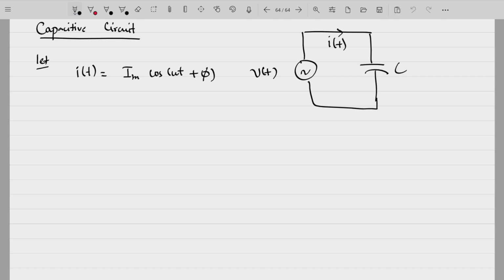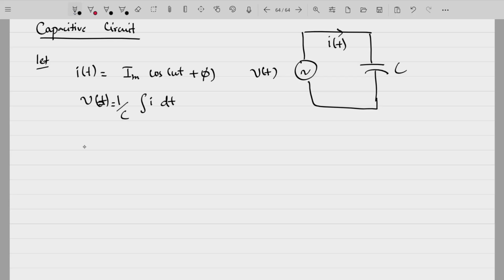Coming back to the capacitive circuit, we have assumed that It is equal to Im cos of omega t plus phi. Now for a capacitive circuit, we know that the voltage across the capacitor is 1 by C integral of I dt.